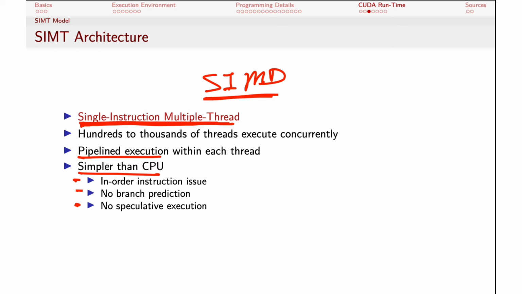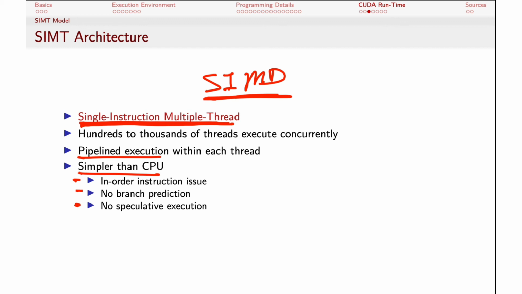So oftentimes it's multiple arithmetic logic units that are all ganged together with the same control logic, and each of those ALUs is going to do exactly the same operation, but on different parts of the data, different elements of an array, for example. And that's really quite close to what's going on in a CUDA core.